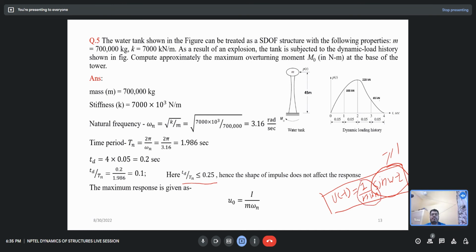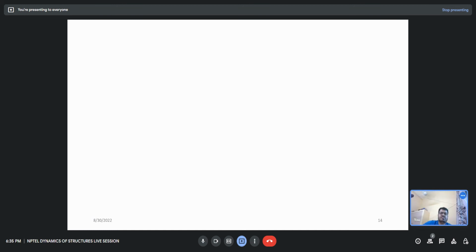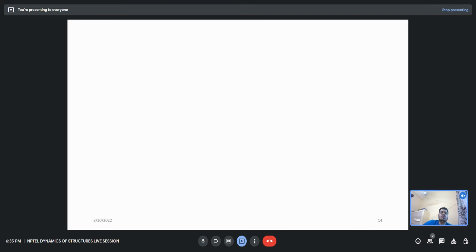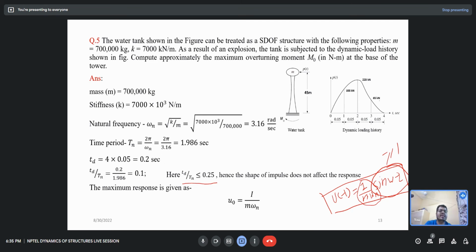First, I is the impulsive area. What is my impulsive area? I have to find it out. You can use Simpson's third rule, or directly calculate: this is a triangular area, 1 by 2 into 155 into 0.05. Then this is a quadrilateral area, 155 plus 220 divided by 2 into 0.05.